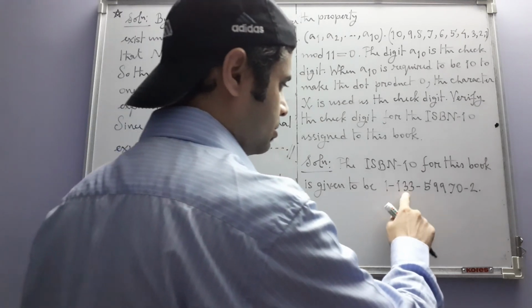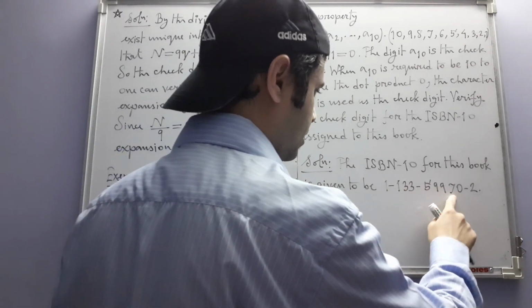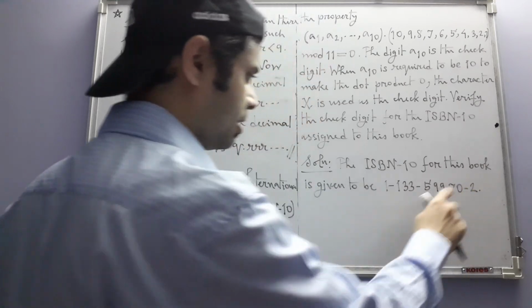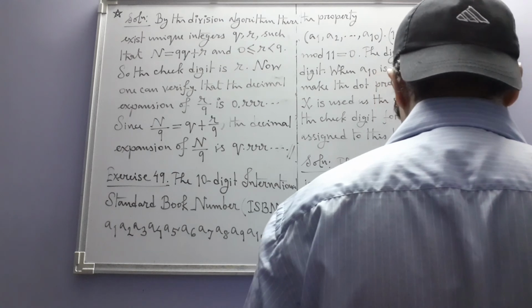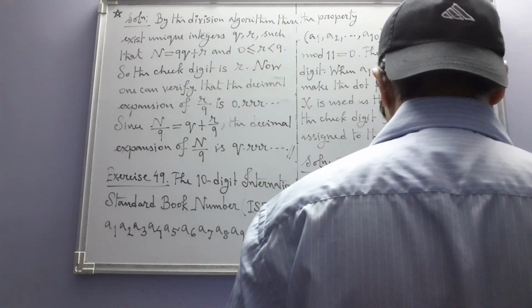So 1, 2, 3, 4, 5, 6, 7, 8, 9, 10. The 10th one is the check digit, that is 2. We have to verify that this is true.